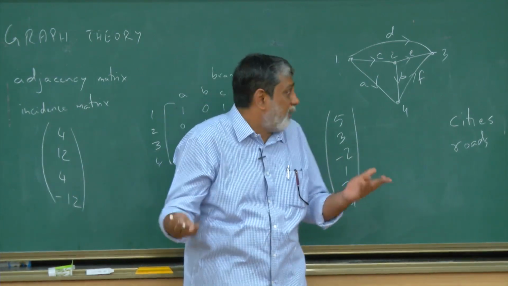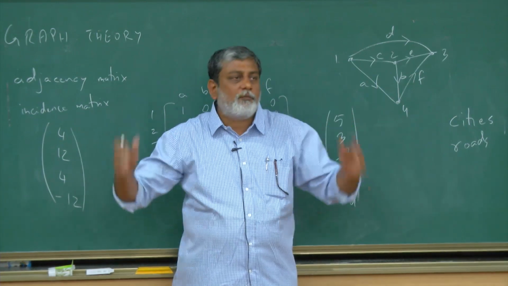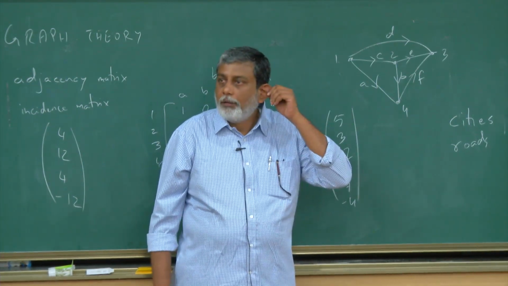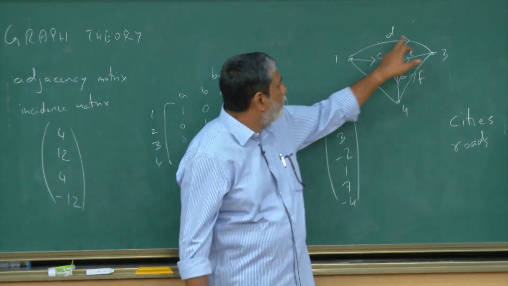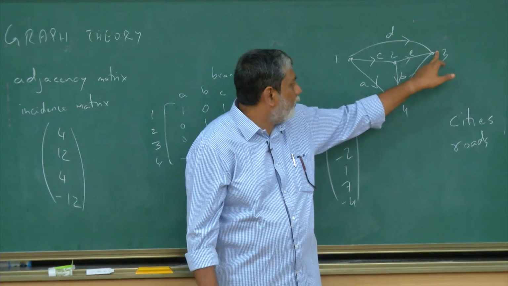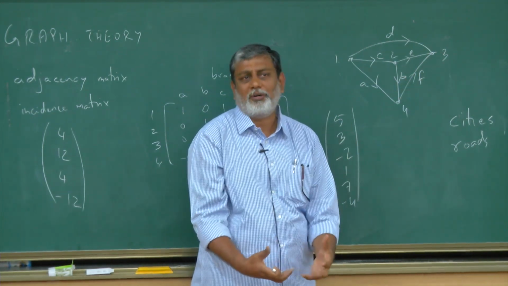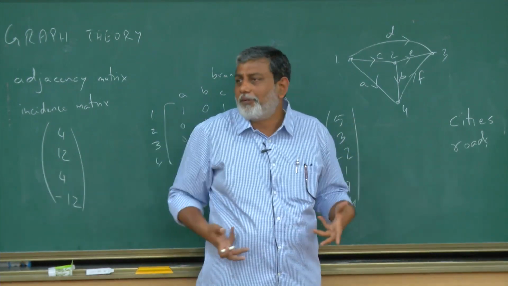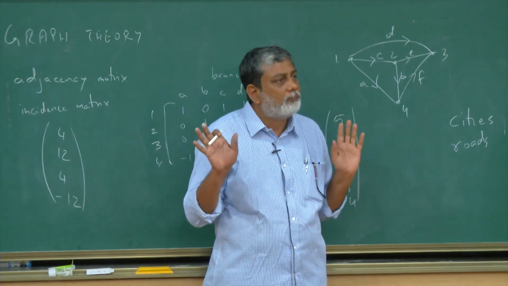Current is one example. Another example, this could have been a pipe network which is carrying some fluid. So this much water flows in there, this much water flows in there, this much water flows in there. That means town 3 is taking all this water. Well, in general, if it's a pipe network, we would assume that whatever water comes should also go.